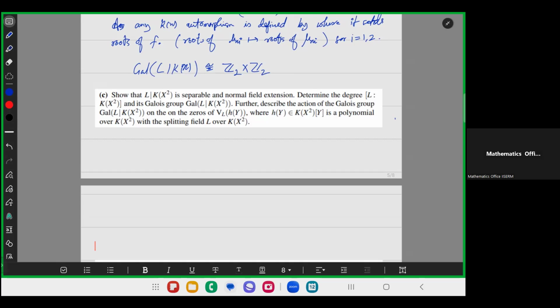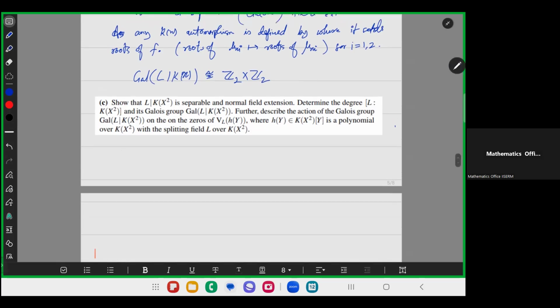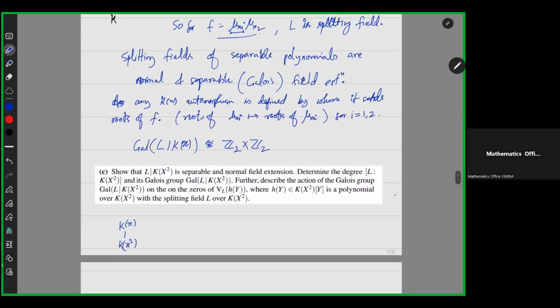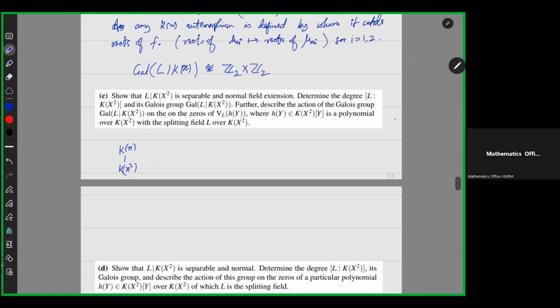Just look into this kx over kx square. This is a 2-degree extension, right? Mu x over kx square, with t variable, is nothing but t square minus x square.